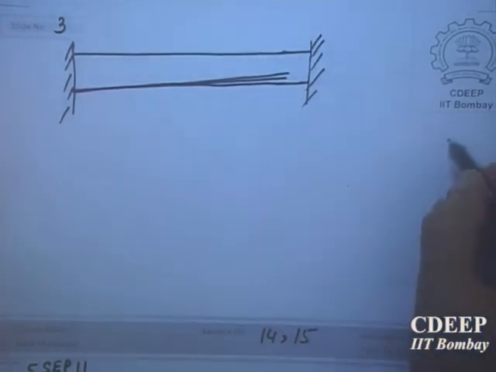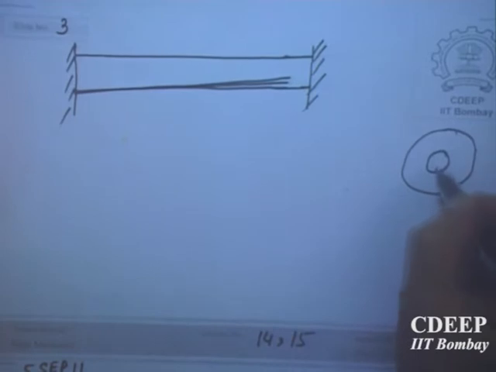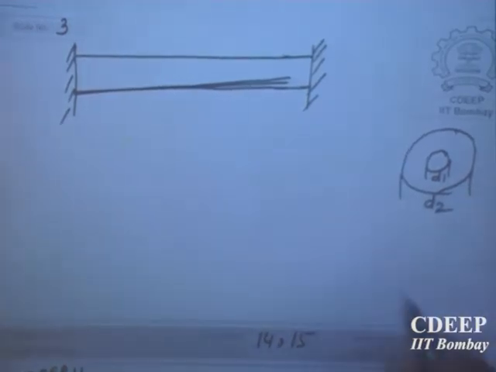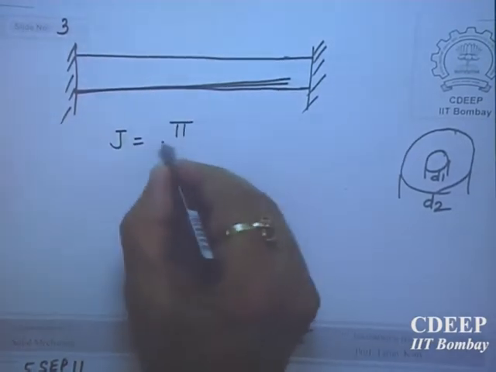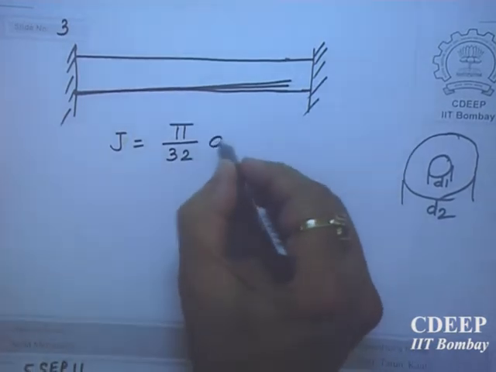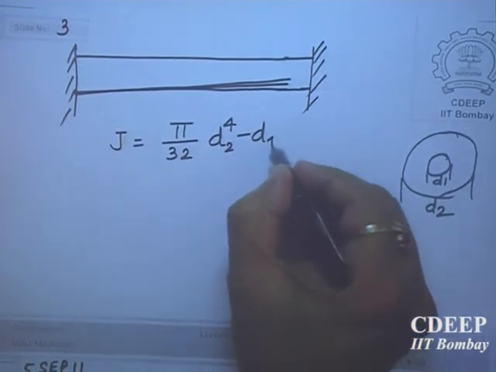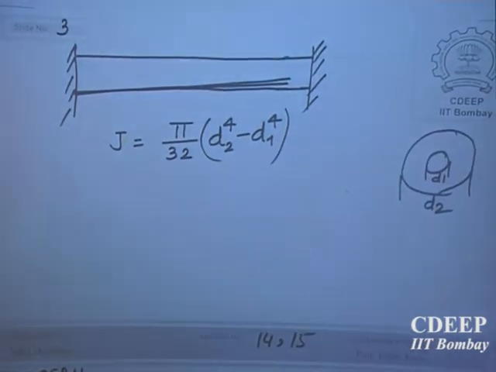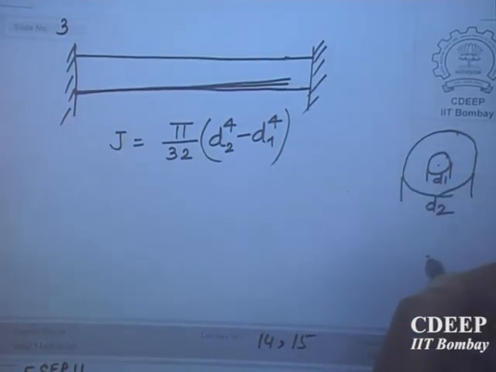If there is a circular cross section which is hollow, with inner diameter d1 and outer diameter d2, you can integrate and you will get J as given here.